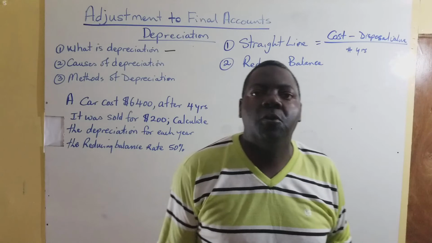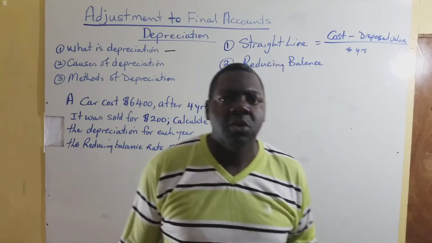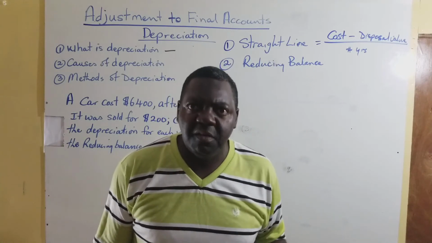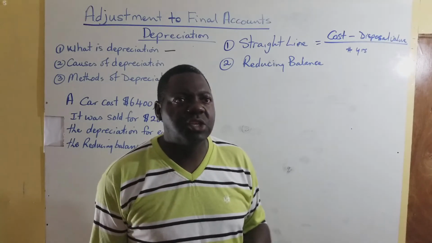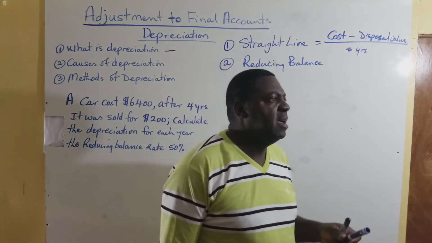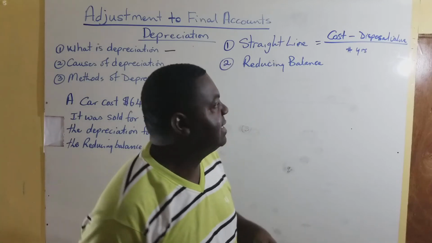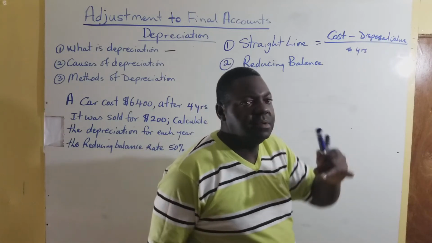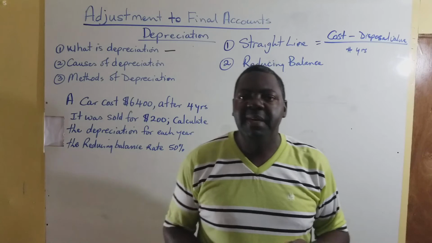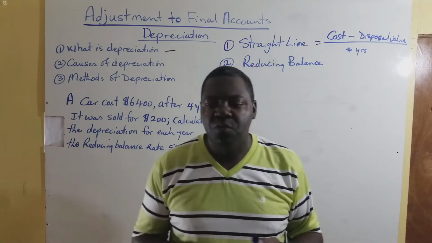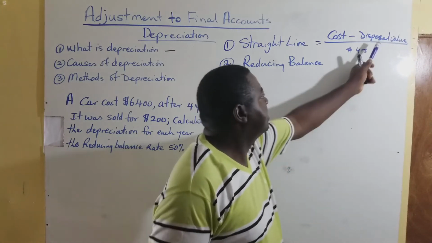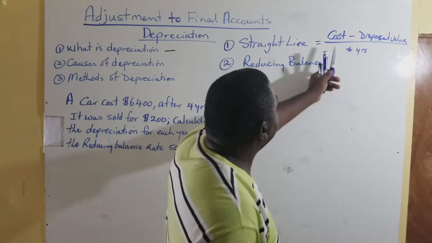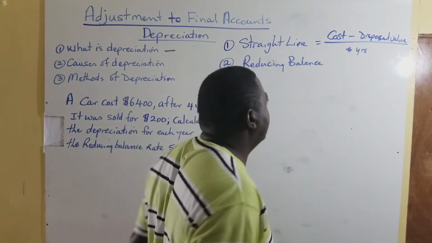Other times it is called the estimated value, or the residual value, or the scrap value. These are words used to relate to the value that is left within the asset. This is the simple formula for the straight line method.